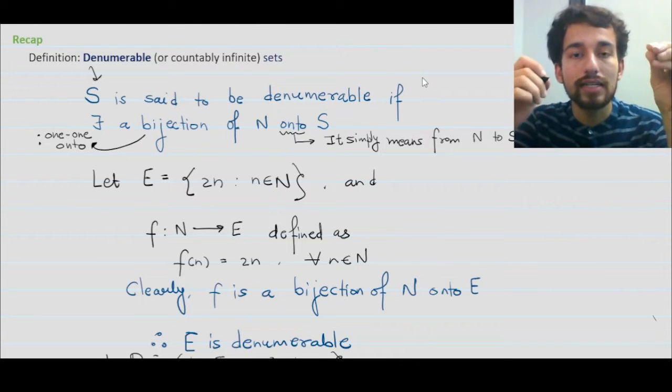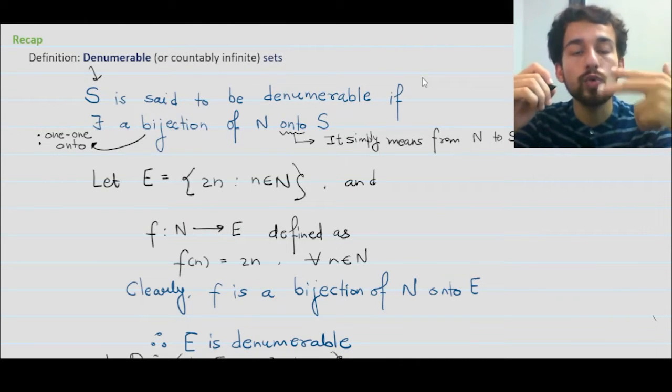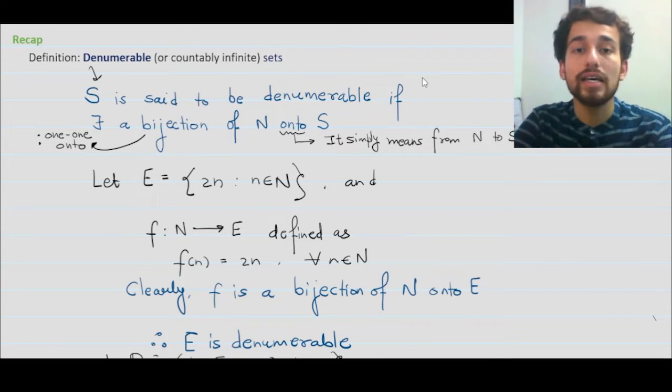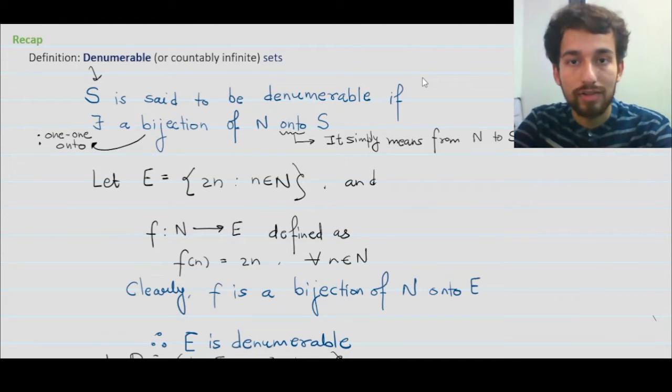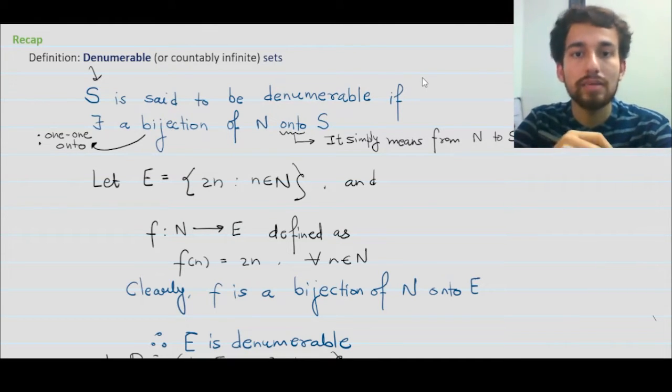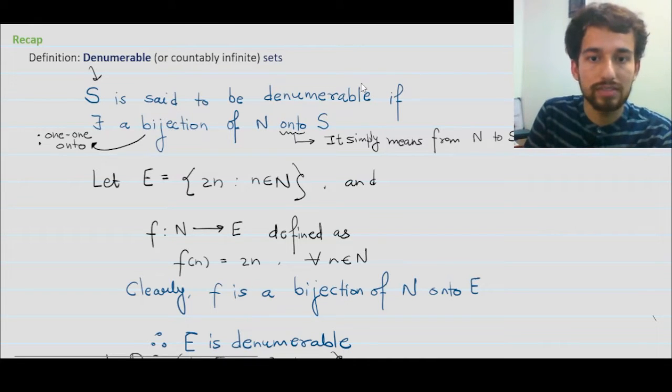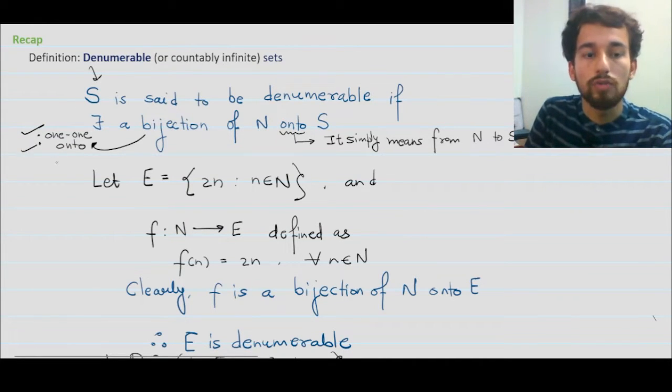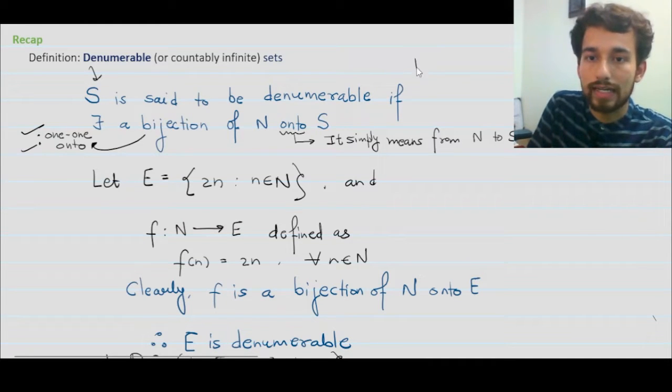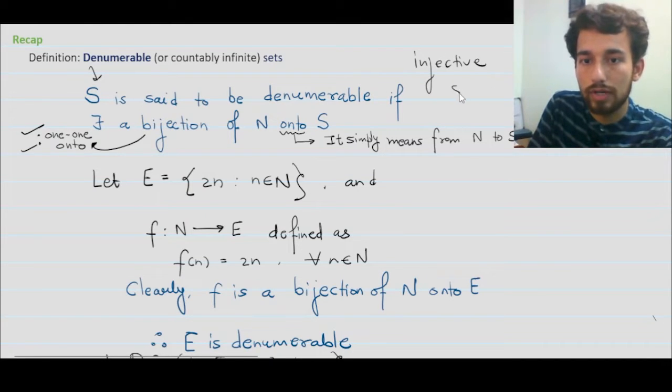What it means is that the mapping satisfies two conditions. The first condition is that the mapping is 1-1, and the second condition is that the mapping is onto. 1-1 is also sometimes referred to as injective, and onto is also referred to as surjective.